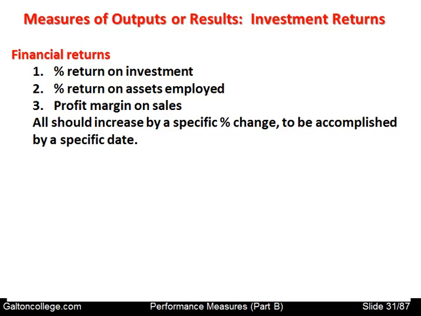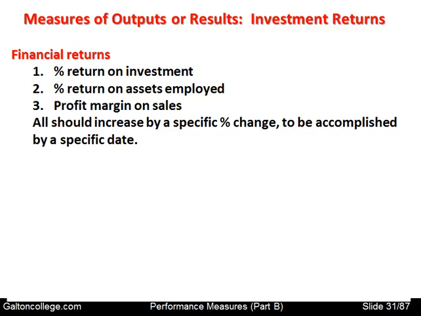So it's important when looking at the output of the business and trying to measure the output and, if you like, the efficiency of the output of the business, looking at some sort of benchmark, saying the company wants, let's say, a 5% return or 5% change, positive change in certain measures, and it needs to be achieved by the end of the month or the end of the year.